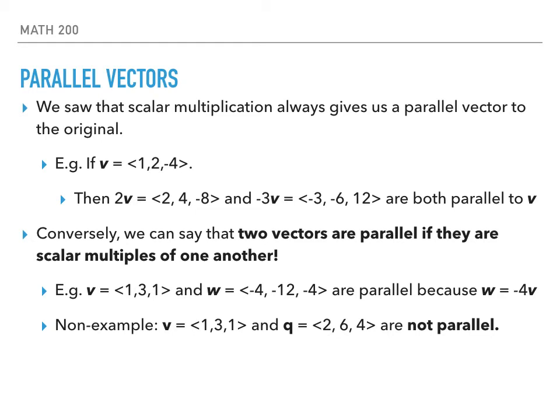Well, because if I multiply the x by 2 to get 2, and the y by 2 to get 6, the z multiplied by 2 doesn't give me 4. Okay, so 2 times 1 gives me 2, 2 times 3 gives me 6, but 2 times 1 does not give me 4. All right?